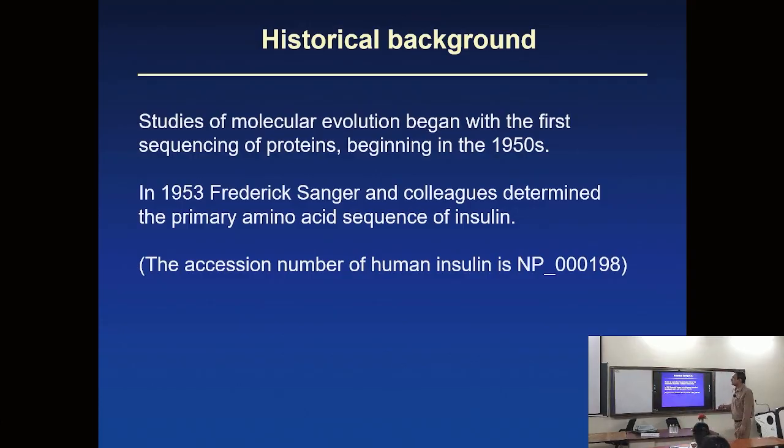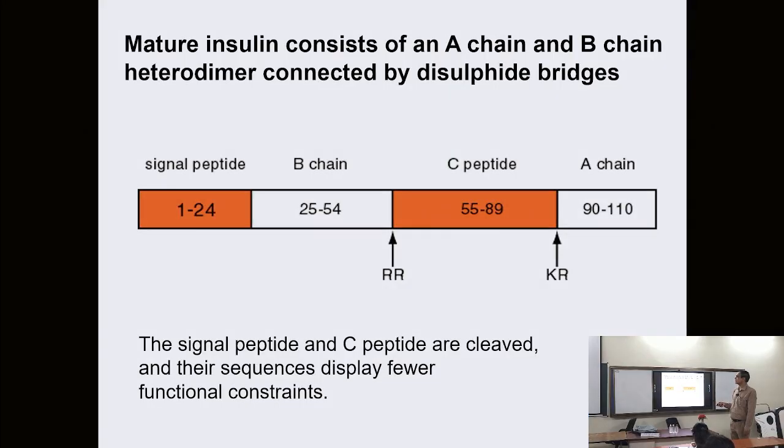So Frederick Sanger sequenced insulin, and let's look at the structure of insulin. Insulin has regions: signal peptide, B chain, C peptide, and A chain.